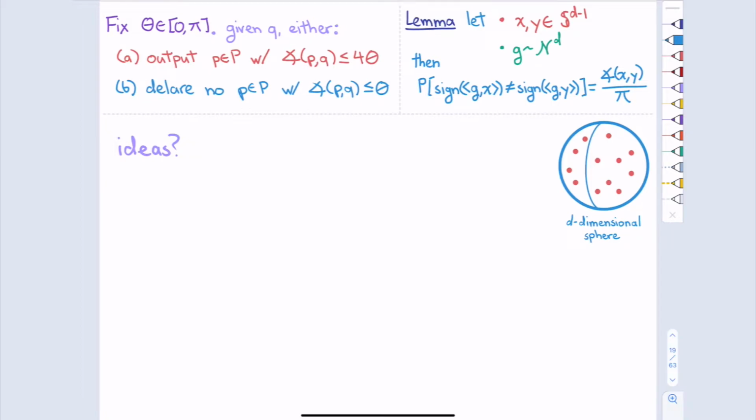Now here's the fun part. We've created this function where roughly the odds of colliding is proportional to the angle. So how might I turn this into a data structure? I guess you guys have already suggested this, so I'm just getting you to say it again.